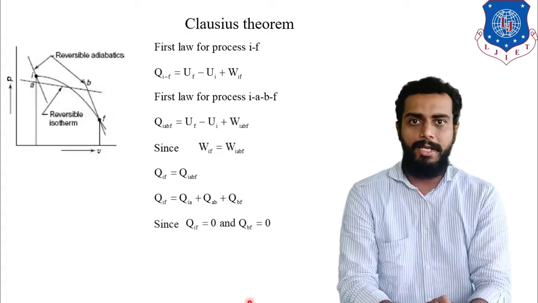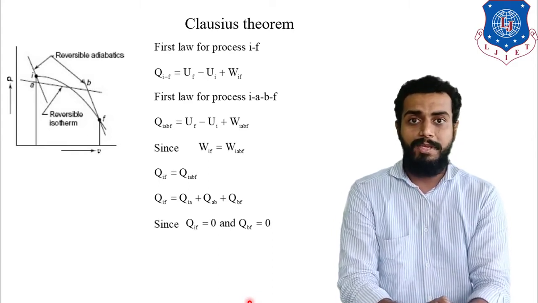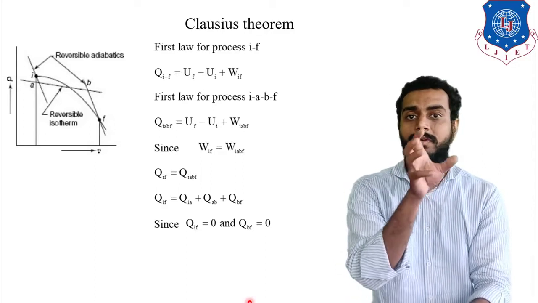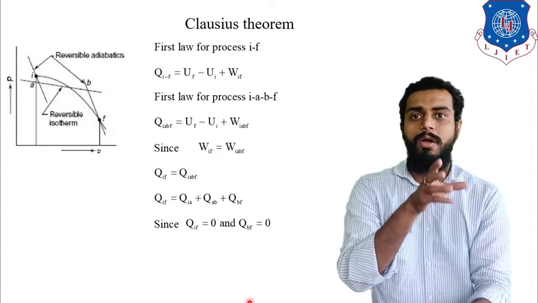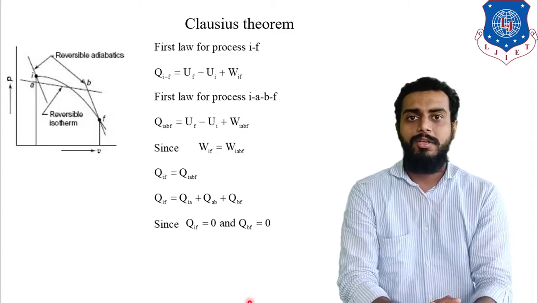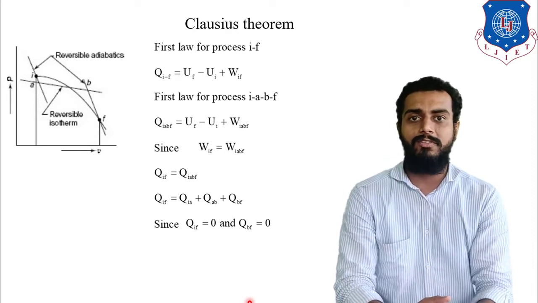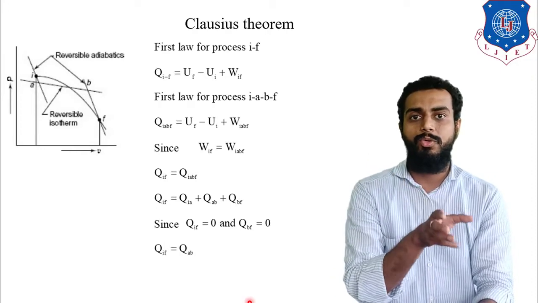So for a reversible adiabatic process, the heat transfer during that process will be equal to 0. So I can write QIA is equal to 0 and QBF is equal to 0. So substitute that in the above equation. So I will have the equation for heat transfer as QIF is equivalent to QAB.